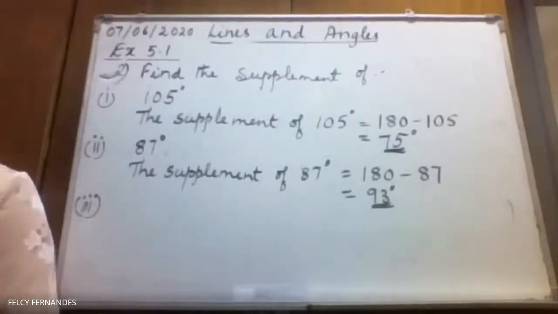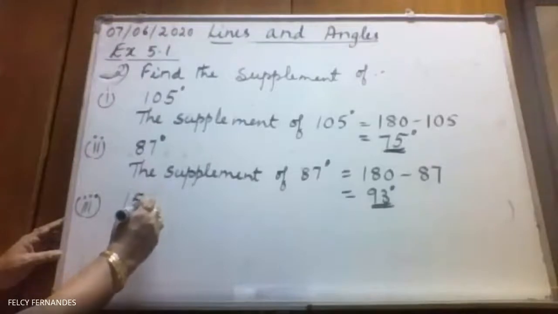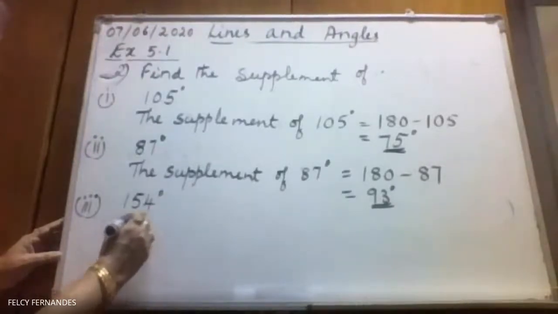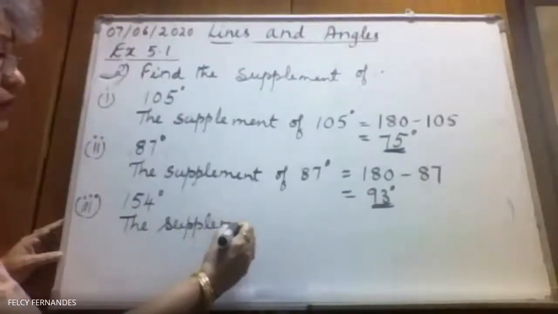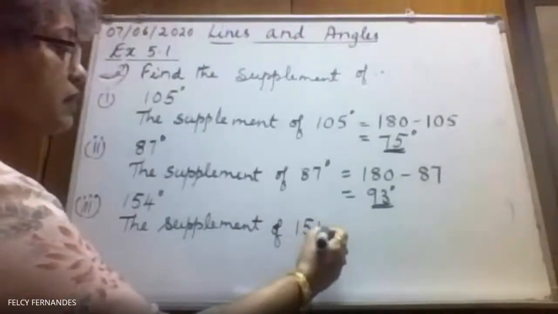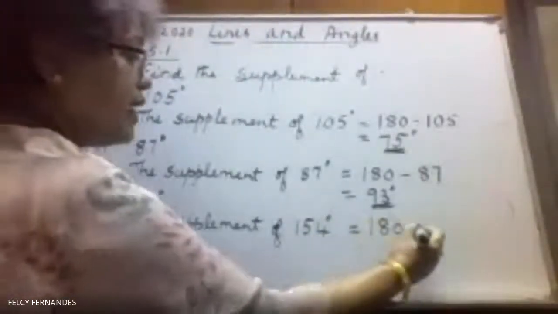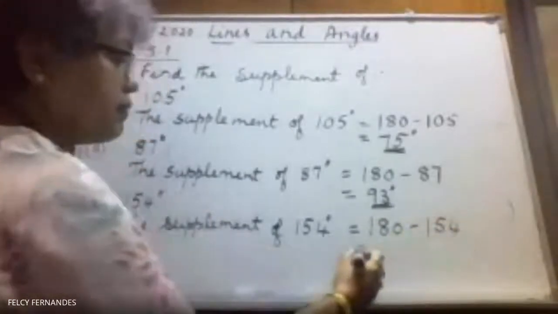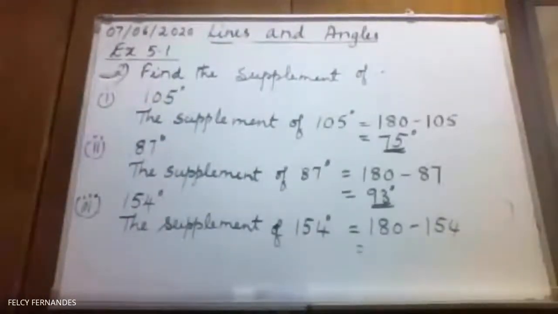The next question. Find the supplement of 154 degrees. Keep doing it. The supplement of 154 degrees, 180 minus 154. Subtract correctly.